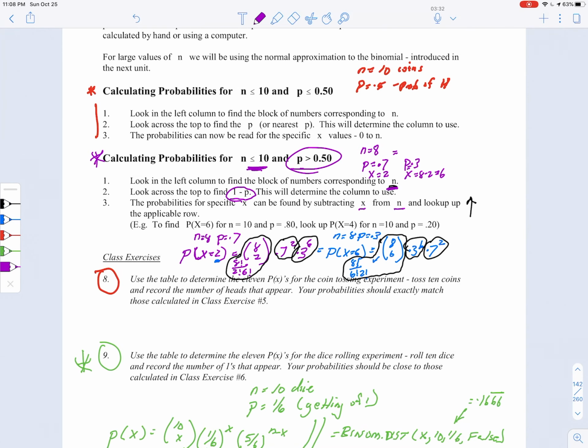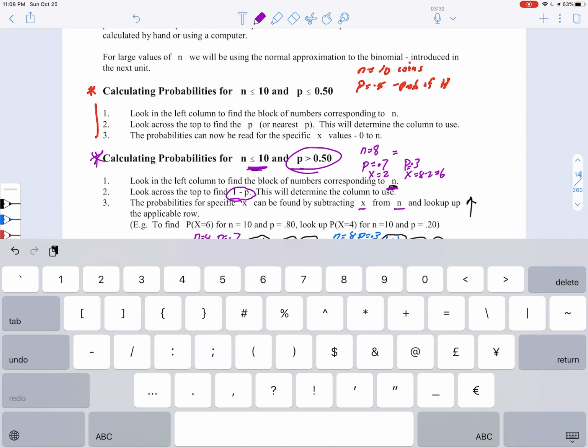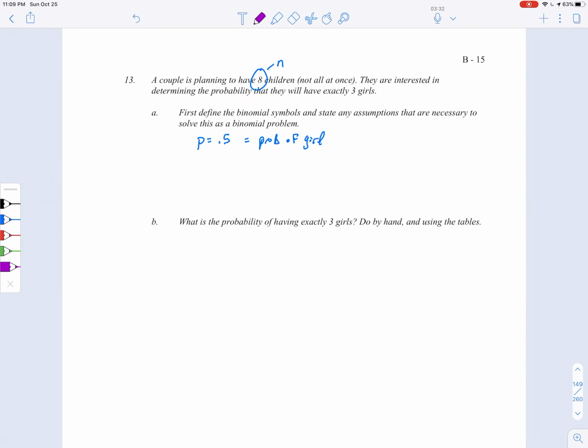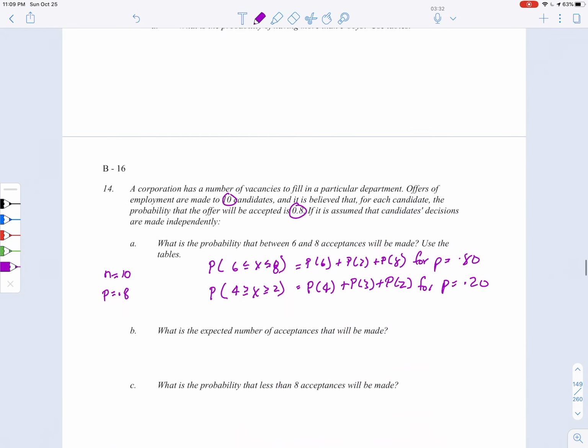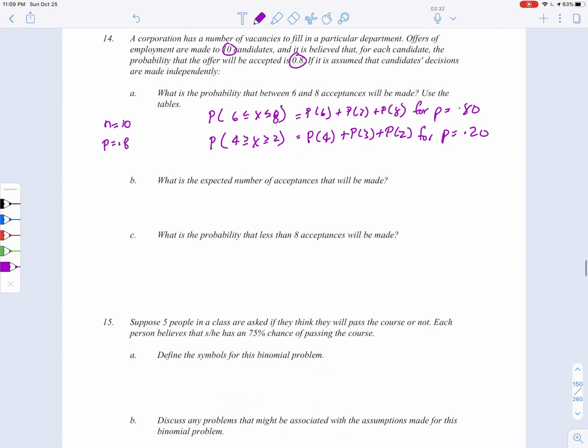So let's take a look at what that means here then. So what you do then is these two are complements of each other. So the p is equal to 0.8. When we go to the table, we're actually going to be looking under its complement of 0.2 because the table only goes up to a 0.5 column.